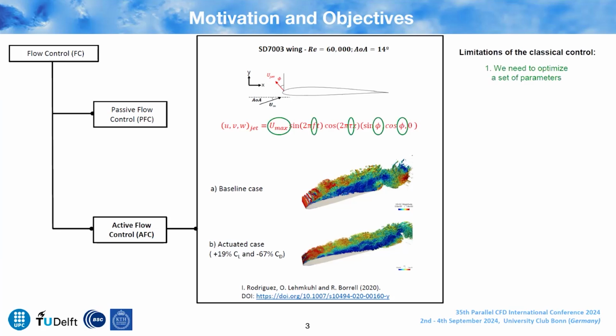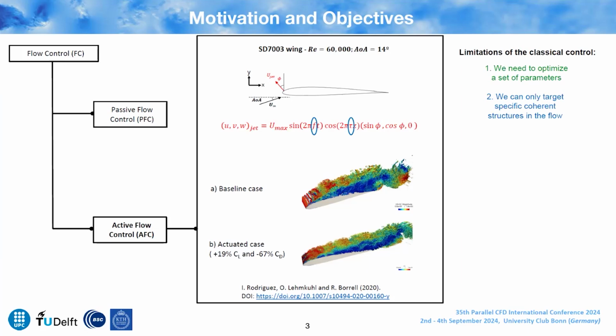First of all, we need to optimize several parameters, and this is not an easy task. It may require several iterations, and even this doesn't guarantee that you succeed. And second of all, you are using a single frequency on the velocity of the jet.